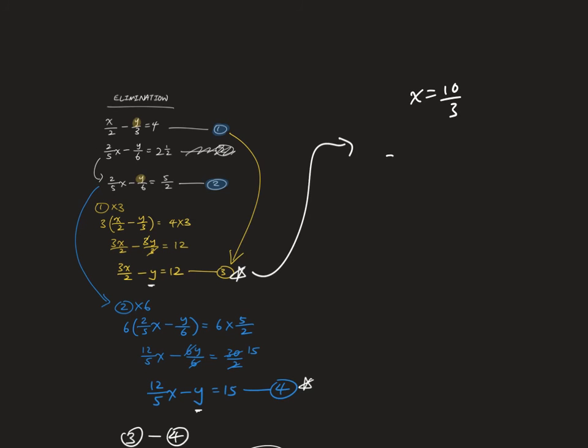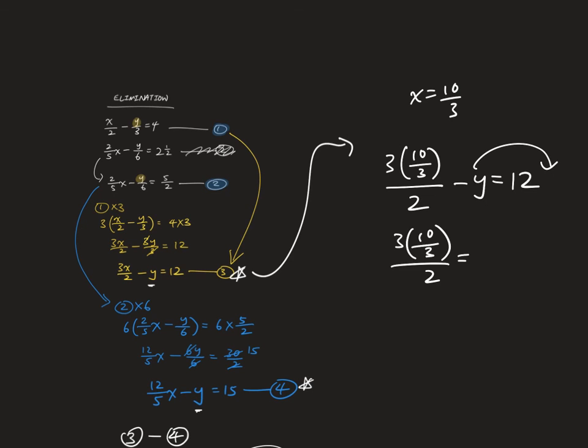So let's say it's 3x divided by 2, so 3 times 10 over 3, divided by 2, minus y equals 12. So let's add y to both sides, and we get 3 times 10 over 3 over 2 equals 12 plus y.